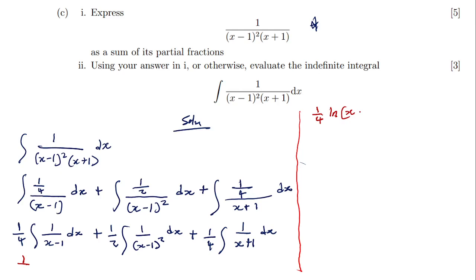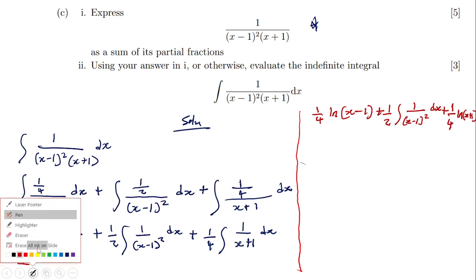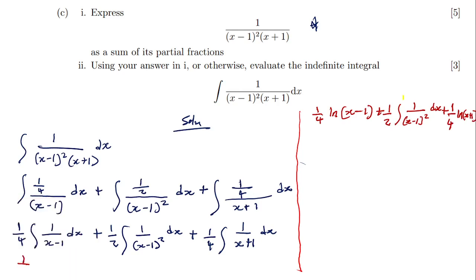So it's going to be the integral of 1 over (x minus 1) squared dx, plus this one, which I can work out the same way, which is 1 over 4 ln of x plus 1. So after you reach that stage, you are not going to go forward without working out this guy here. You need to work it out separately.